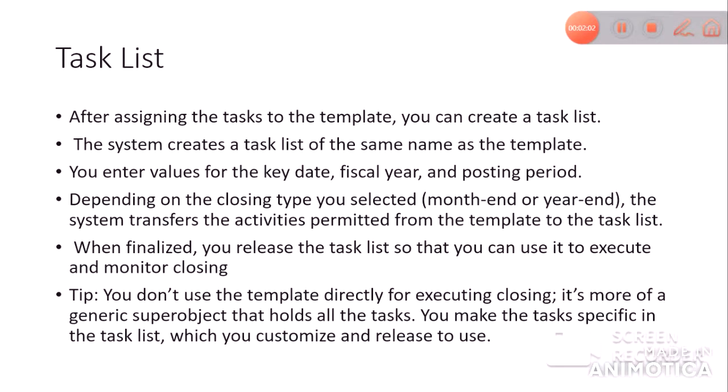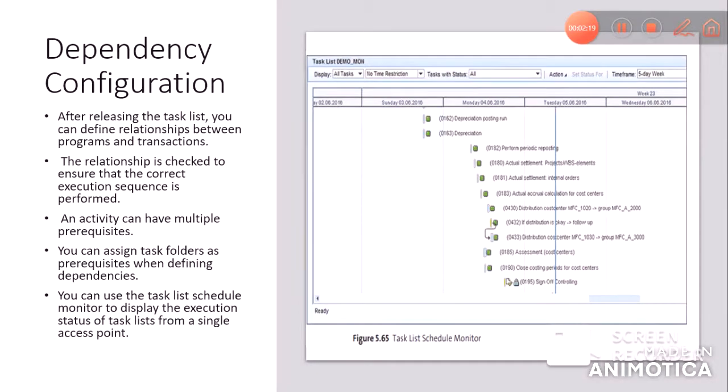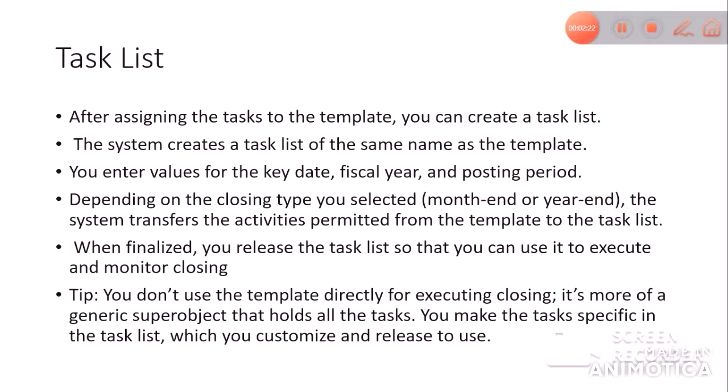Task lists. After assigning the task to the template, you can create a task list. The system creates a task list of the same name as the template. You enter values for the key date, fiscal year, and posting period. Depending on the closing type you selected, month end or year end, the system transfers the permitted activities from the template to the task list. When finalized, you release the task list so that you can use it to execute and monitor closing.